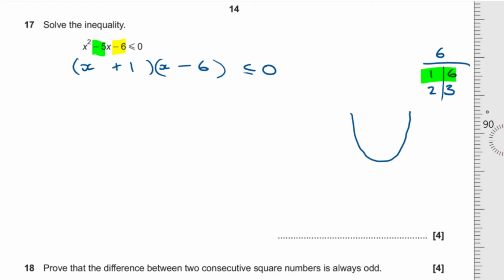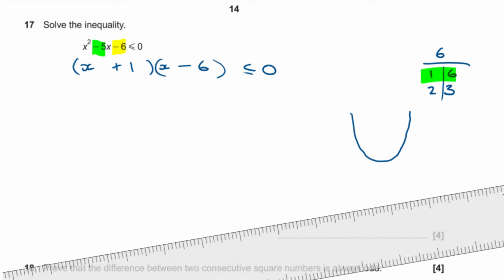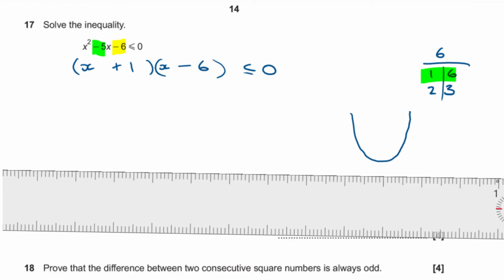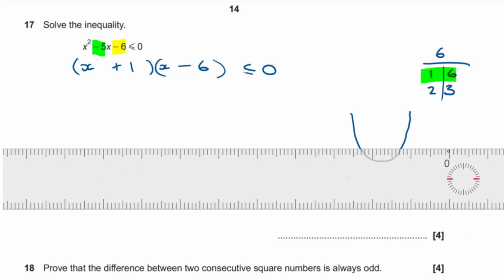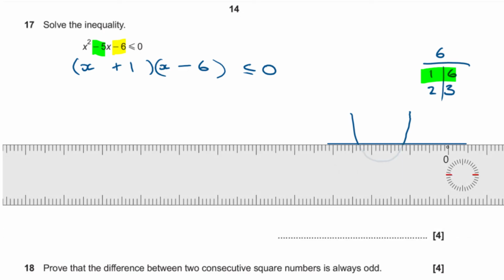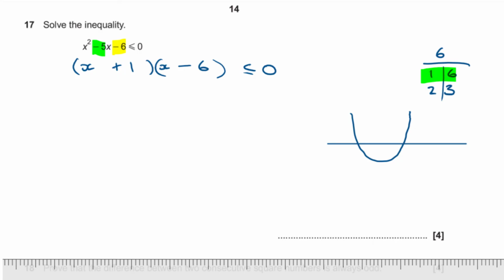And this particular parabola is going to have 2 roots, which we've just worked out, haven't we? So the one on the left, x plus 1, that's going to give you a root of -1, and x minus 6 is going to give you a root of 6. So this graph is going to look something like this. So where would the y-axis be? Doesn't really matter. Be somewhere in between.